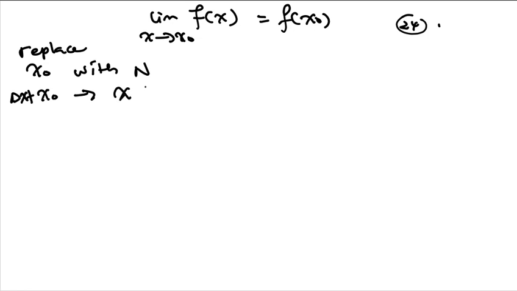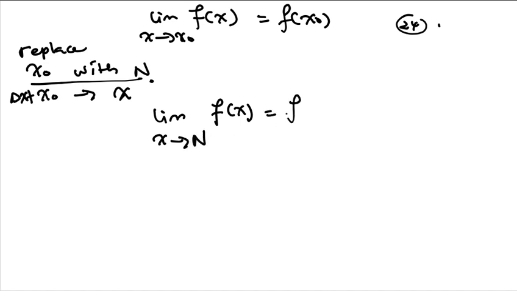Now, in this case, you look here, x naught is replaced with n. So we can rewrite 24 as this here, the limit of f(x), as x approaches n, is actually f(n), isn't it?